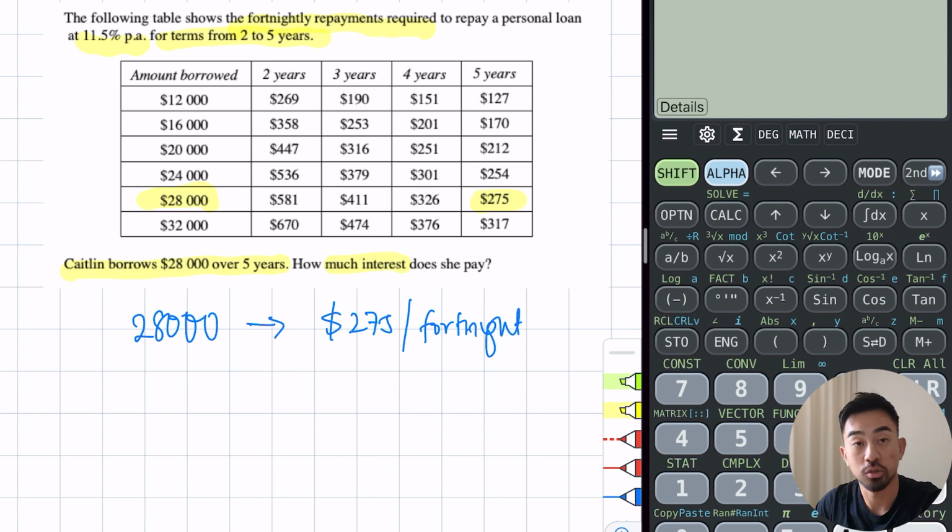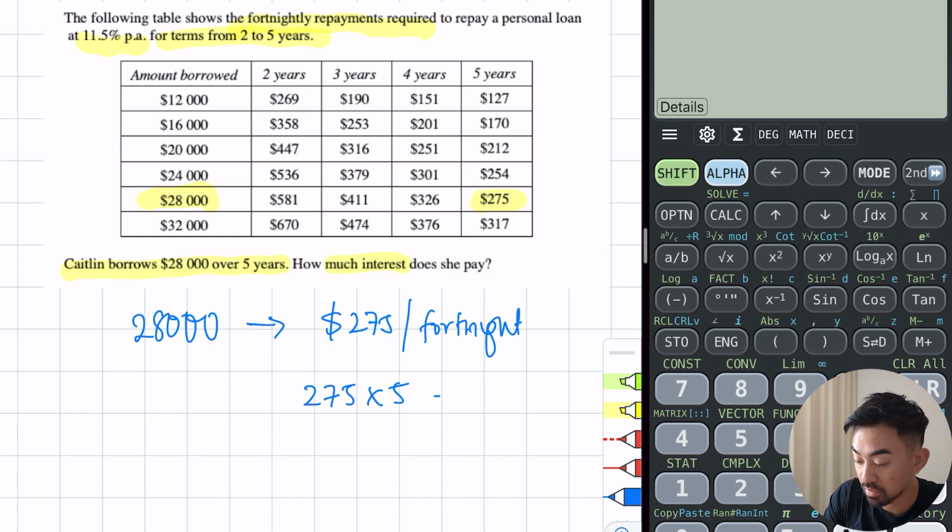And we want to know how much interest she repays. Okay, so she's repaying this per fortnight for a total of 5 years. So what we're going to have to do is get 275 times 26 times 5, because 26 fortnights makes 1 year, and then times 5 for 5 years.